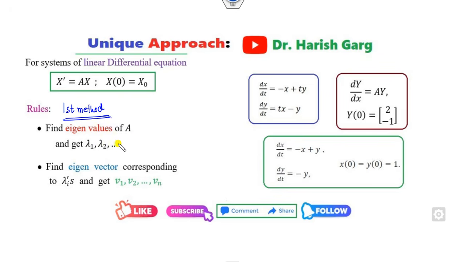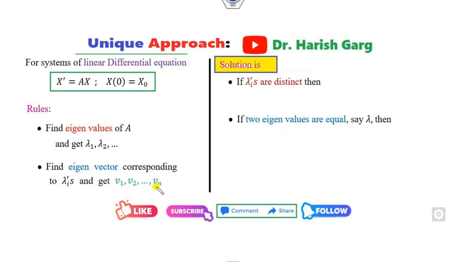Now once you find the eigenvalues and the eigenvectors, check whether the eigenvalues are distinct or some of the eigenvalues are equal. If the eigenvalues are distinct, then you can write the solution. This is my solution: C1 times the eigenvector of this one, where C1 and C2 are arbitrary constants.